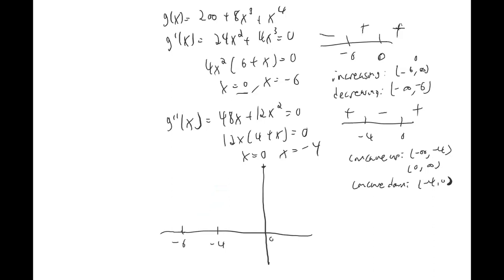At -4, what is that? Can anyone do it really quick on a calculator for me? What's g of -4 and g of -6? Anyone? Are you all doing it on a calculator right now?